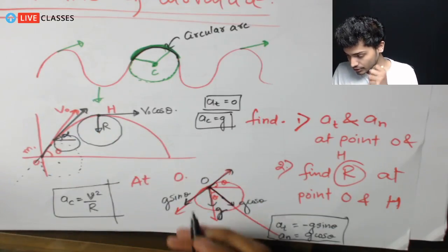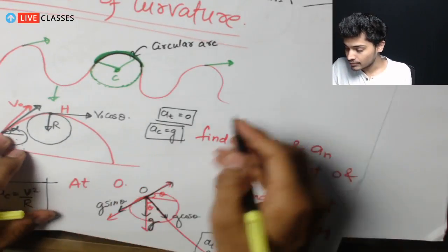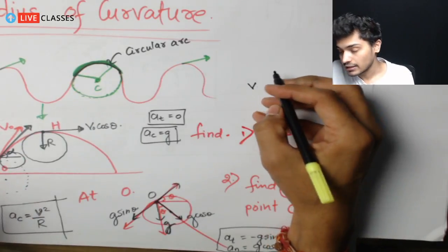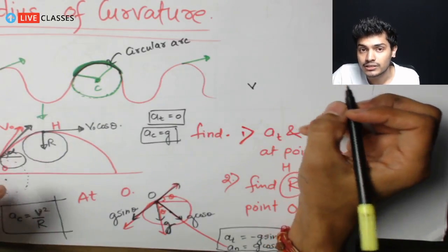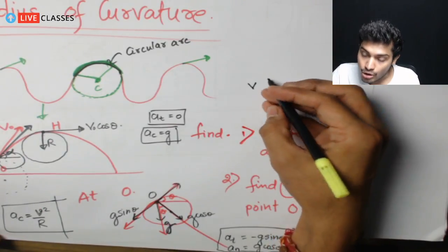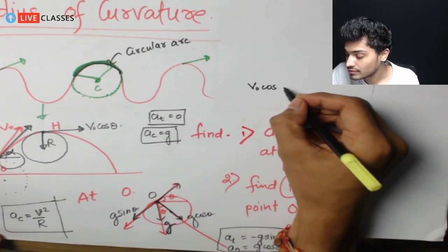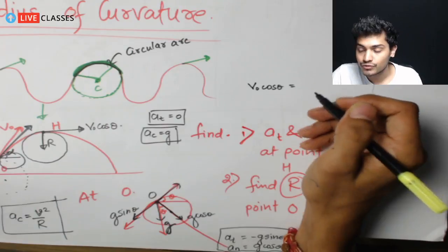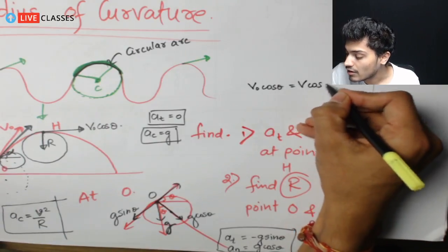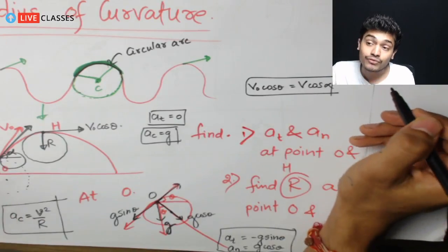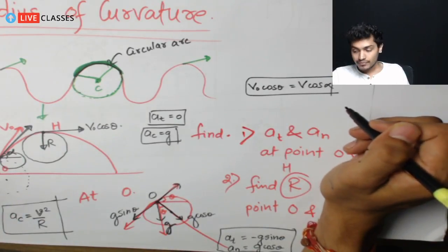I can give you some hint. At this point, the horizontal component of velocity always remains constant in projectile motion, right? So at that point also we will have v naught cos theta, which was the horizontal component of velocity at time t equal to 0, equal to v cos alpha, which will be the horizontal component of velocity at that point when the velocity is making angle alpha with the horizontal.